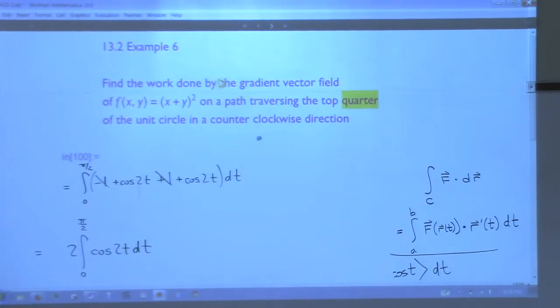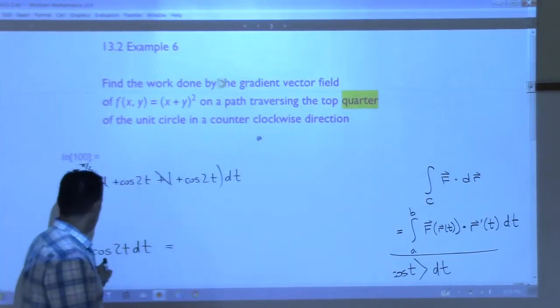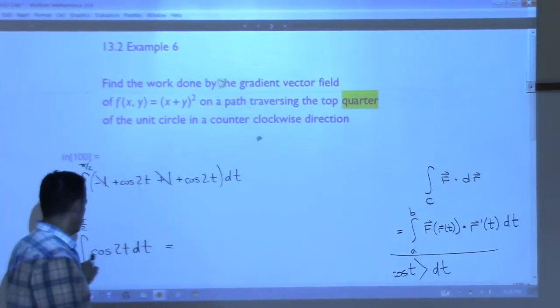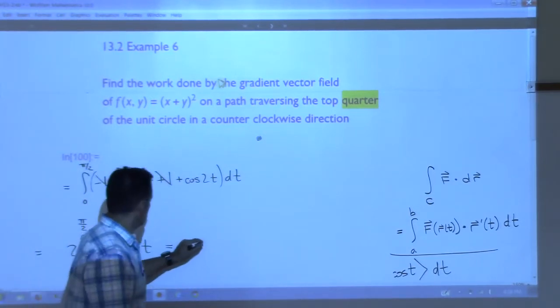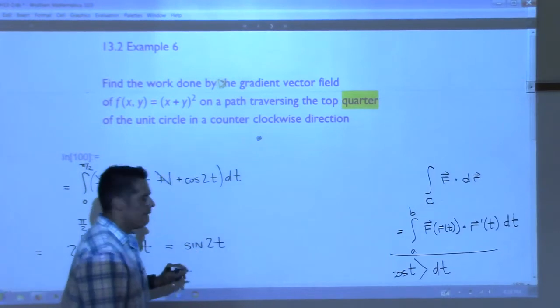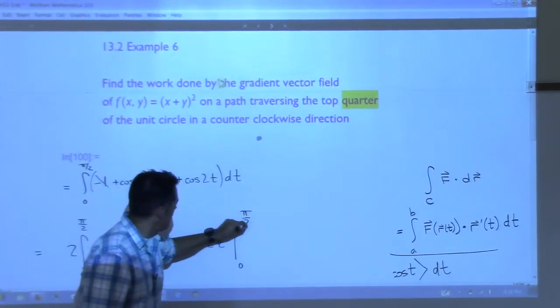Antiderivative of that is 1/2 sine 2t. But that 1/2 and the 2 are going to cancel out. So we should just get sine 2t, and then evaluating 0 to pi over 2.